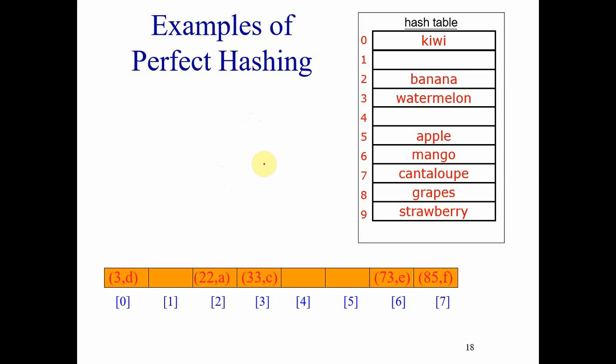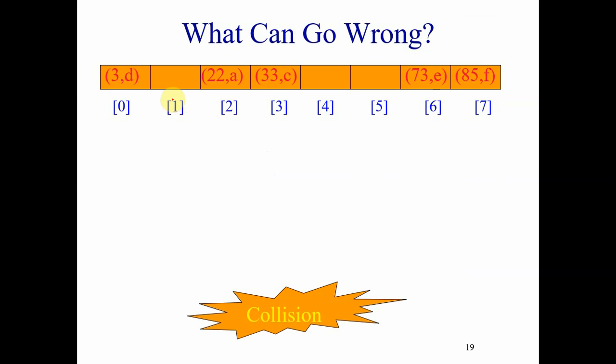However, as you can imagine, as long as there's a term perfect, there will be some cases of not perfect. For example, given this array, if we want to add one more which has the key of 26 and the value is g, how do we handle it?